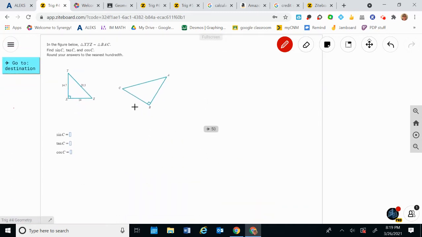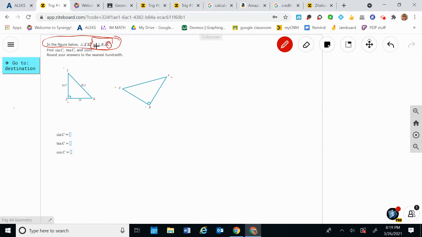This one I'm not going to do all of. All I'm going to do is help you see what the real problem is. See how it says XYZ is similar to BAC? They tell you X, Y, Z, B, A, C, so they're flipping it around. It says find sine C, tangent C, and cosine of C. You can see that C corresponds with Z, because it's the same order.